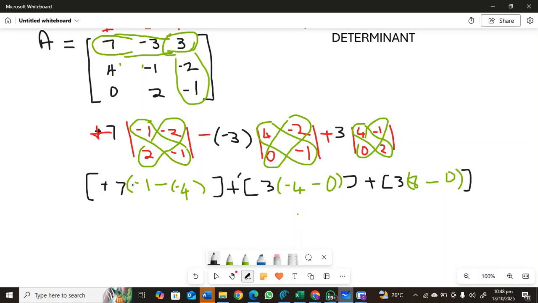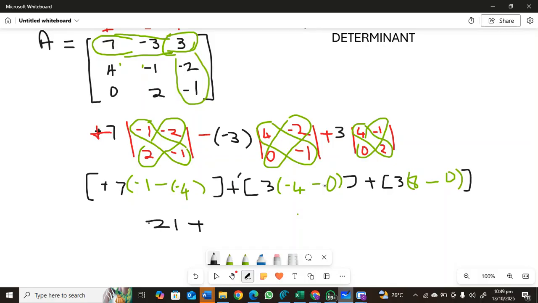So we solve negative 1 minus negative 4, negative and negative make positive. So negative 1 plus 4, that is 3. 3 times 7, 21. Plus negative 4 minus 0, that is negative 4.